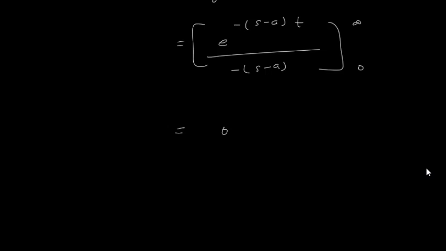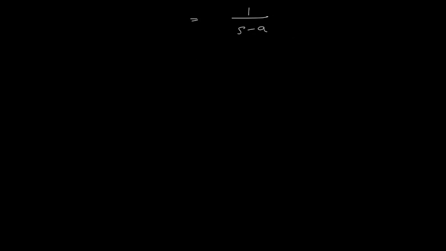Minus, when I put 0, e power 0 is 1, so it becomes 1 upon minus of s minus a. Now this minus minus will cancel and the final answer is 1 upon s minus a. So now you have to learn this result, that Laplace of e power at is equal to 1 upon s minus a.